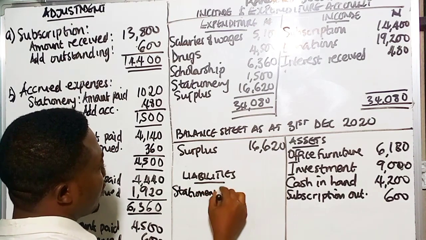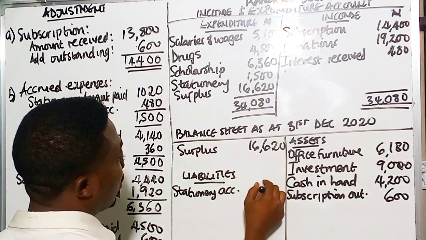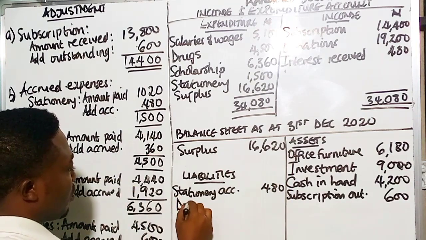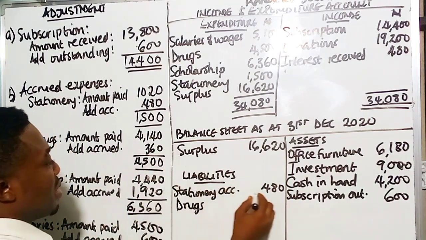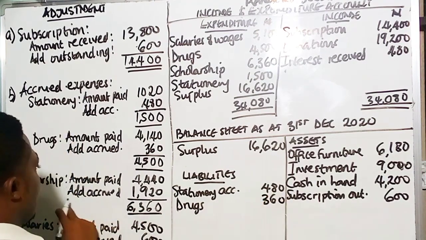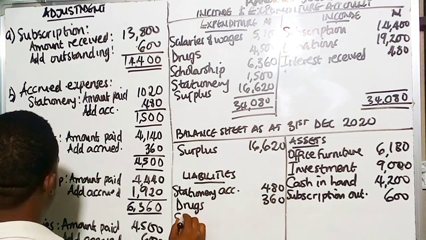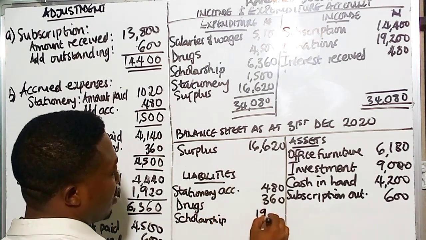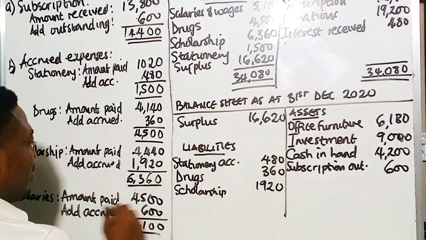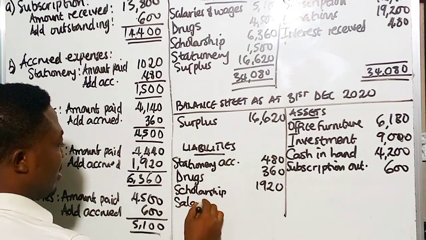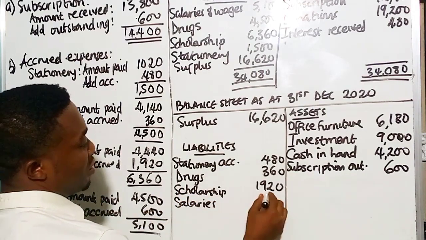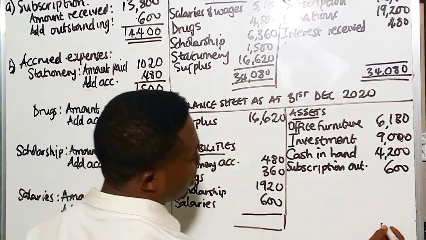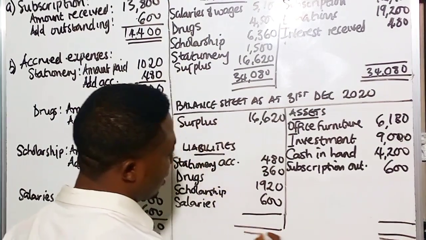Stationery accrued is 480. Drugs, 360. Scholarship, 1,920. And salaries, 600.